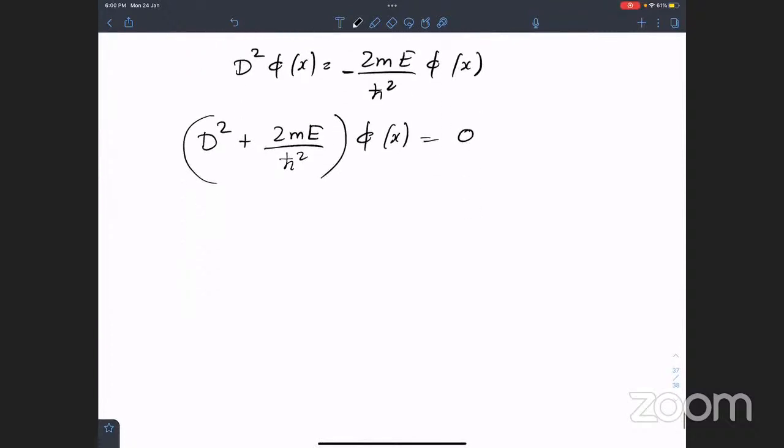First I solve this equation, which gives D equal to plus or minus j root of 2mE by h bar squared, because it's a negative number under the root.